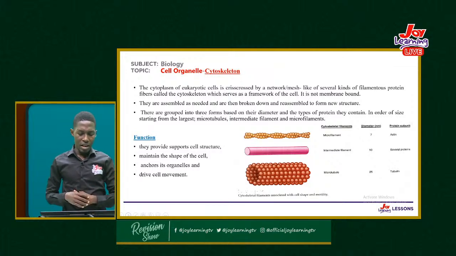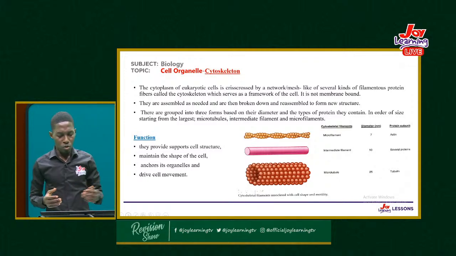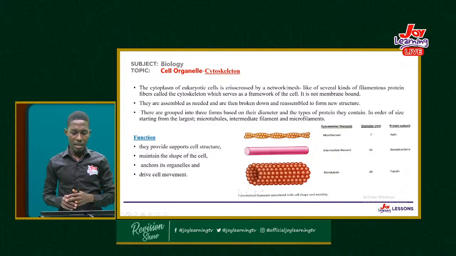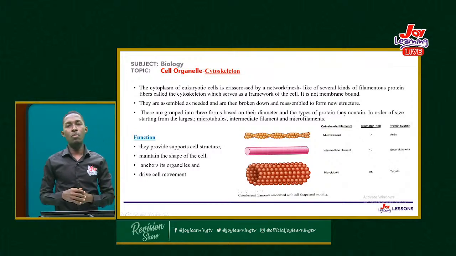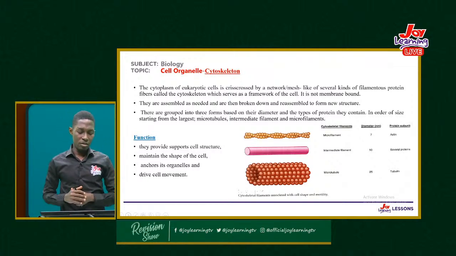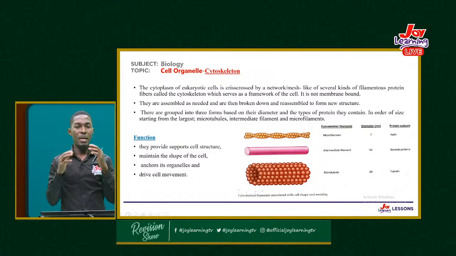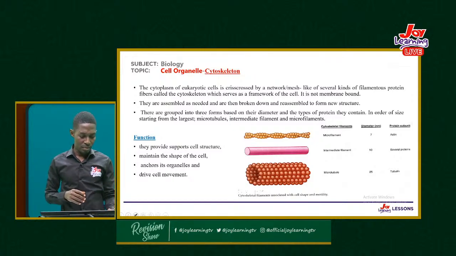Now there are 3 of them. We call them the microtubules, the intermediate filament, and the microfilament. And as I said, their job is to give extra strength to the cell, maintain the shape of the cell, anchor its organelles, and drive the cell movement.